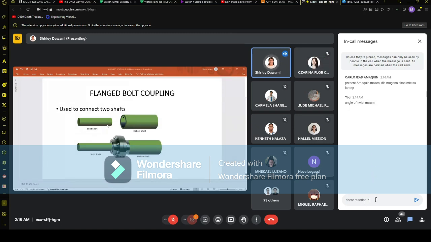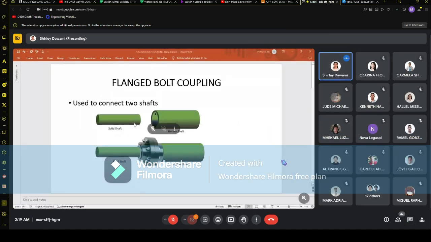As it passes through the bolts, what is the reaction of the bolts? Of course, the bolts will resist the torque. As the bolt resists the torque, the bolt offers a shearing force.